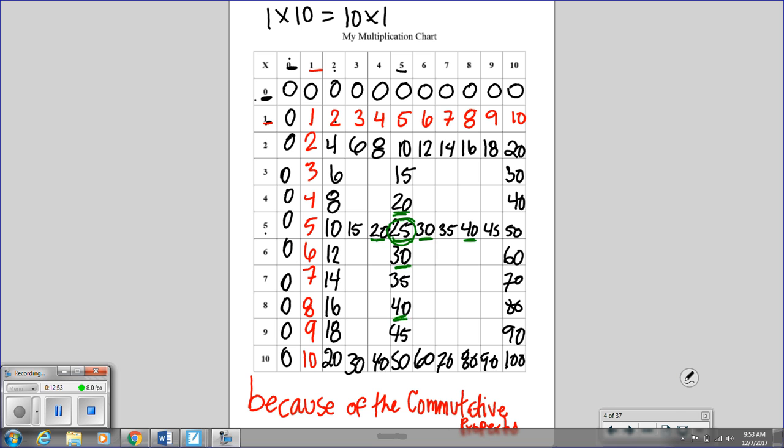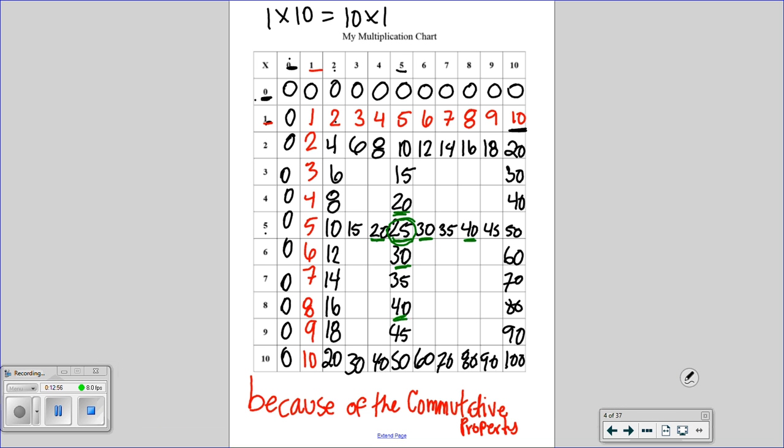Okay, well I know 10 times 1 is 10, and I'm multiplying by 1. 10 take away 1 is 9. 9 times 2, 18. 10 times 2 is 20, and since I'm multiplying by 2, 20 minus 2 is 18. 9 times 3, 3 times 10 is 30, minus 3 is going to give you what? 27.